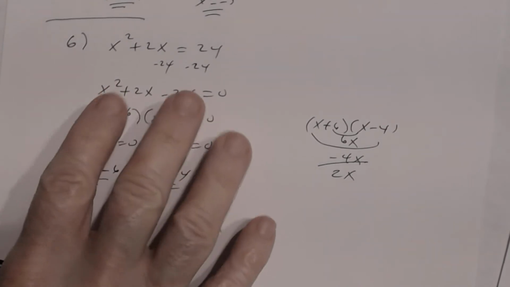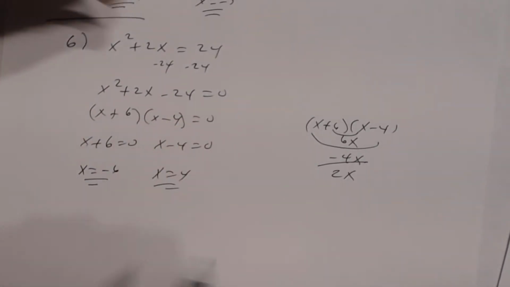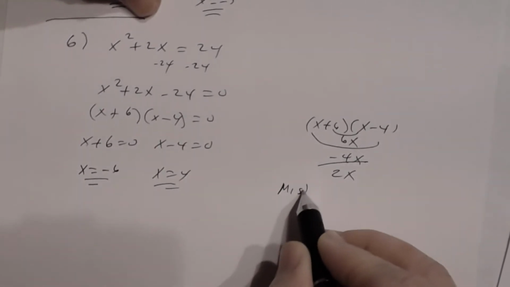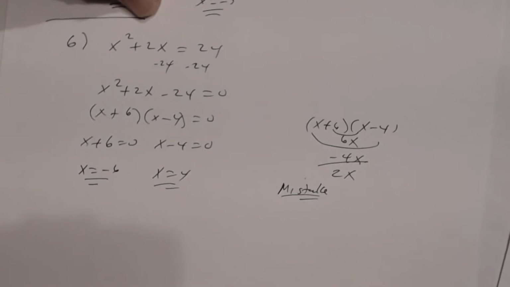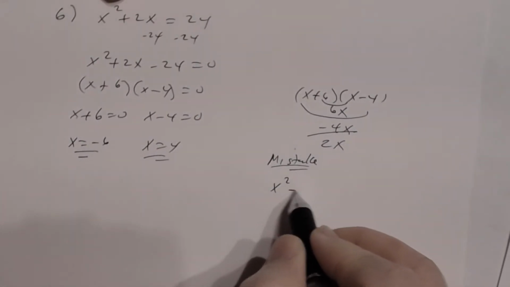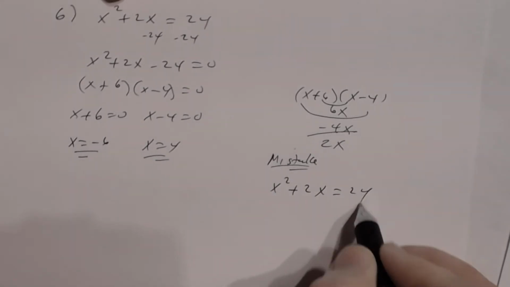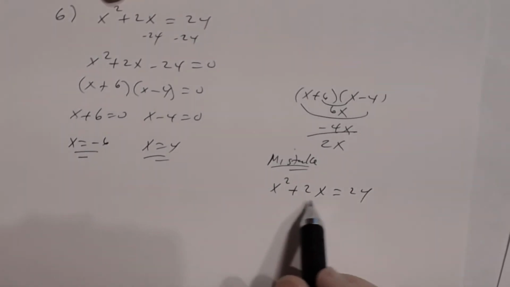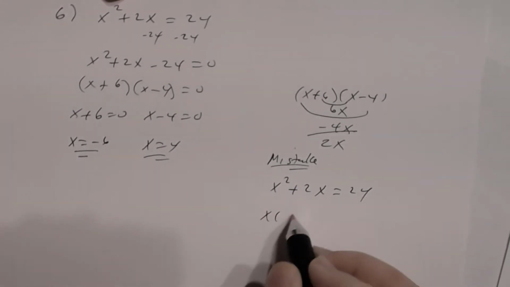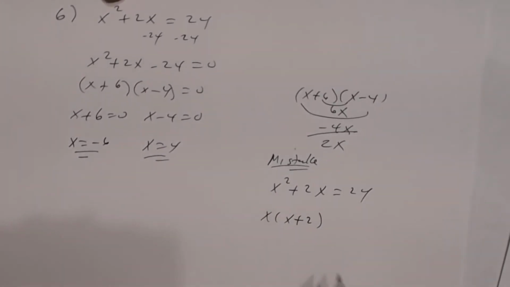Some students overgeneralize it. This is a mistake students make. If I have x squared plus 2x equals 24, some students will say, I'm going to factor the left side because I think I can pull out an x. Well, that's true, you can factor out an x.